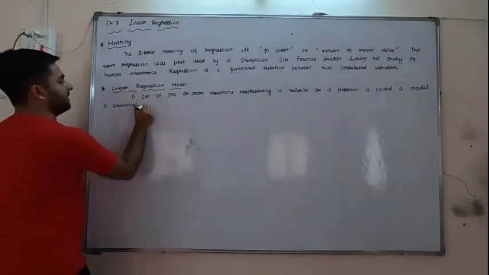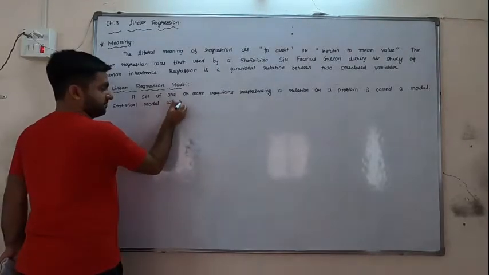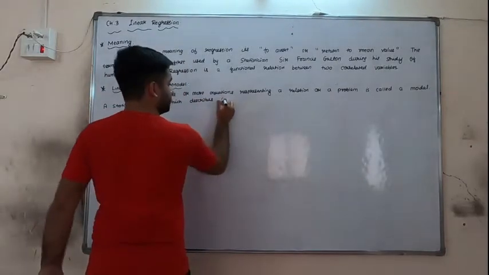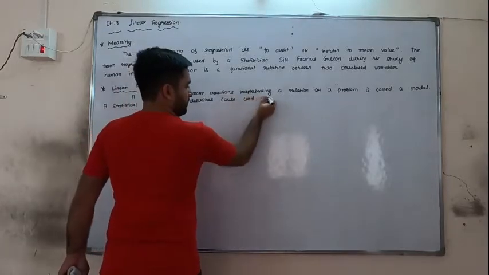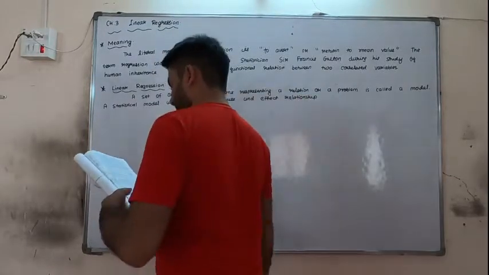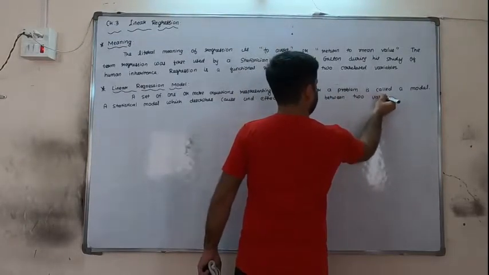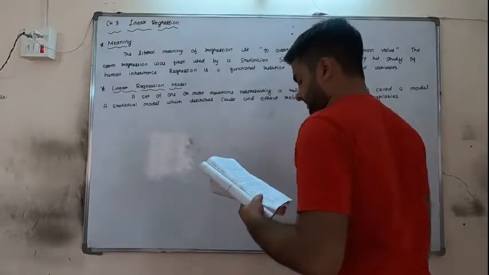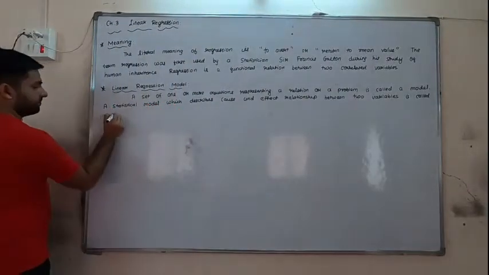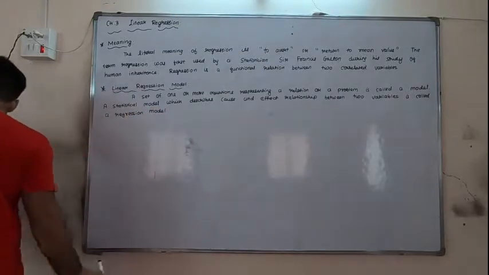A statistical model which describes cause and effect relationship between two variables is called a regression model.